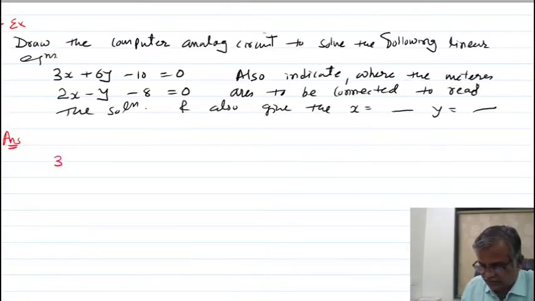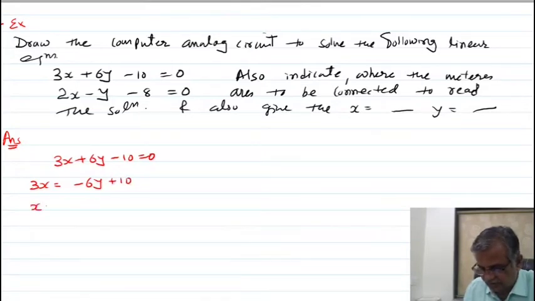Take this equation, 3x plus 6y minus 10 is 0. So you can write 3x is equal to minus 6y plus 10, or you can write x is equal to minus 2y plus 10 by 3. Or I can write, taking minus common, minus of 2y minus 10 by 3.